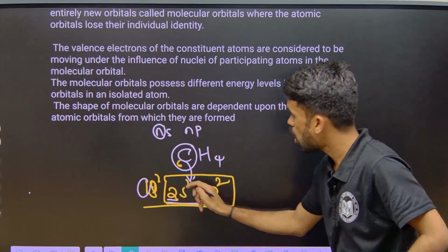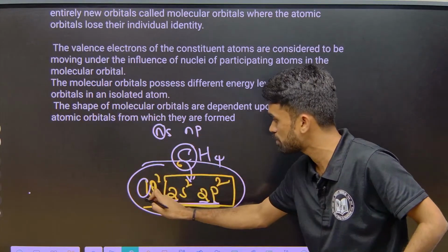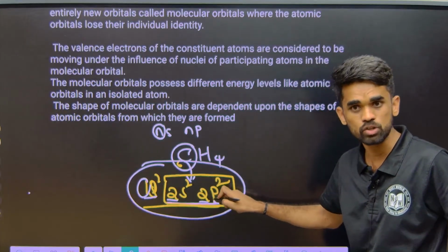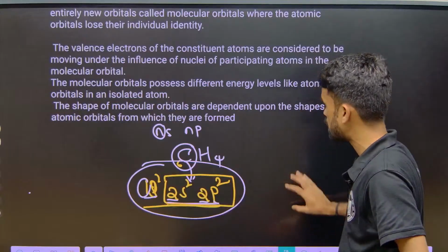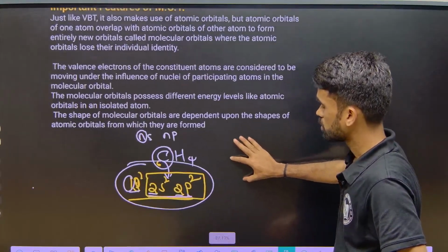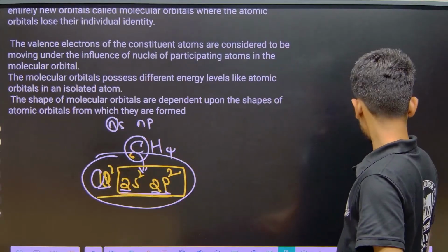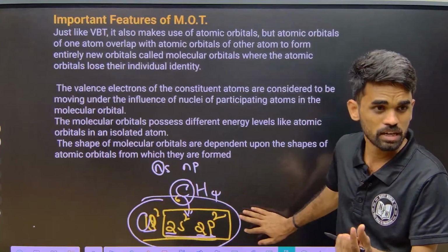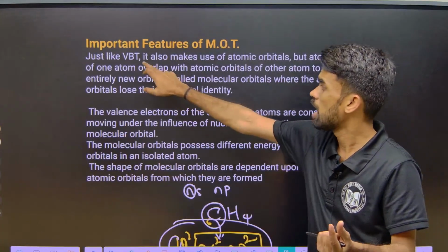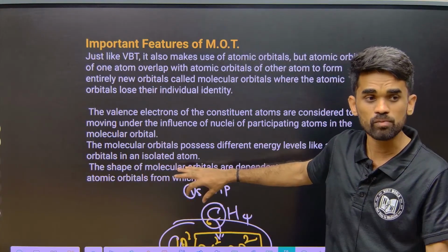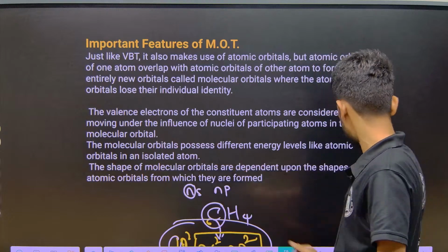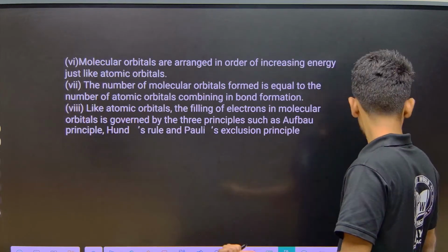So all 6 electrons, whether 1s, 2s or 2p, are taken into consideration. I will tell you what exactly it is. So that is the basic difference: in valence shell or hybridization concepts we consider only valency electrons, but in MOT we consider all the electrons. Just remember that point.